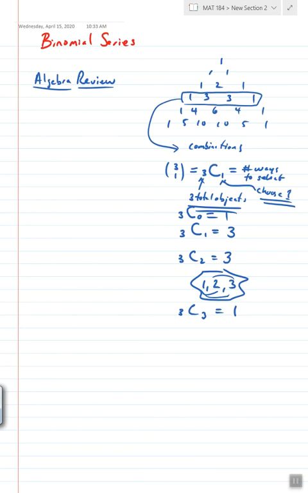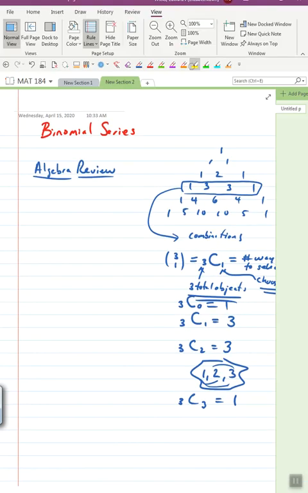Okay, notice that these numbers, the 1, 3, 3, 1, are these numbers right here in Pascal's triangle. We're not proving why the numbers in this triangle stack up the way they do to give these combination numbers, that's another class totally, but we'll just say this number means 3 choose 0.